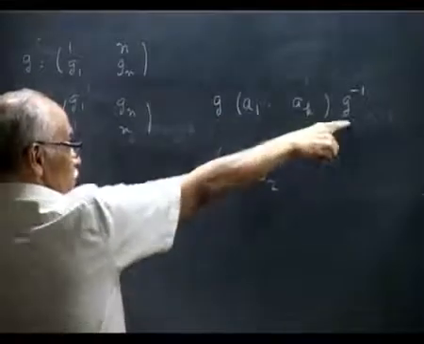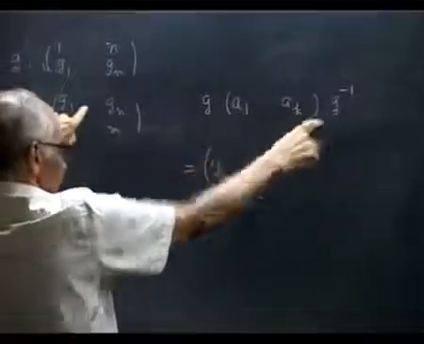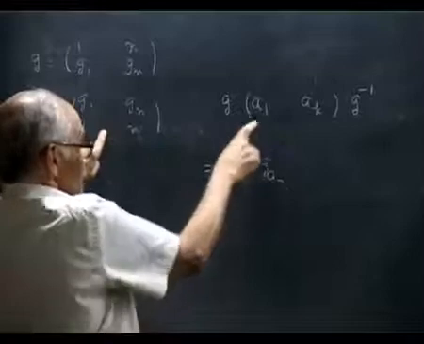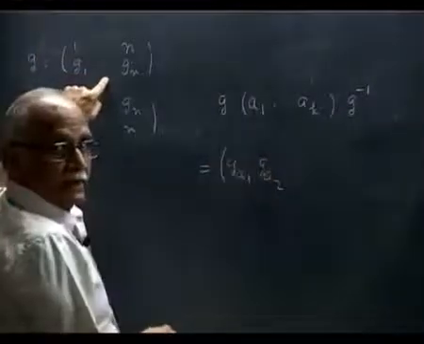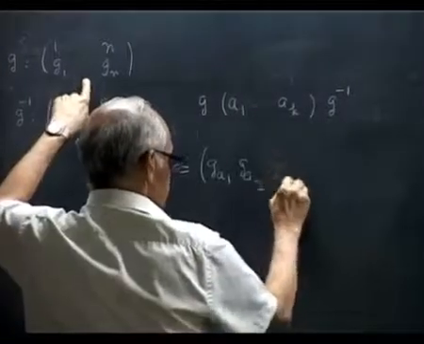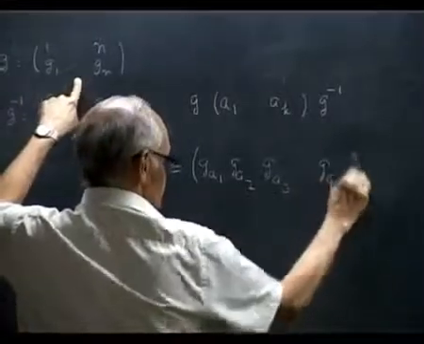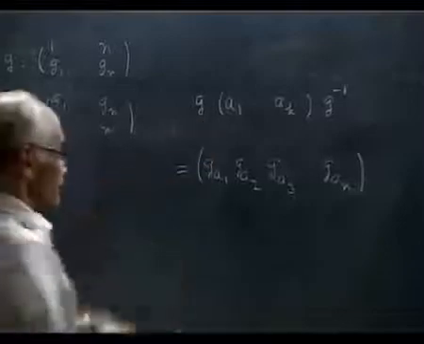So let me see where this a1 may come from in g inverse. a1 will come from g a1, that will go into a1, a1 goes into a2, a2 goes into g a2. Likewise g a2 will go into g a3 and it will go into g ak.